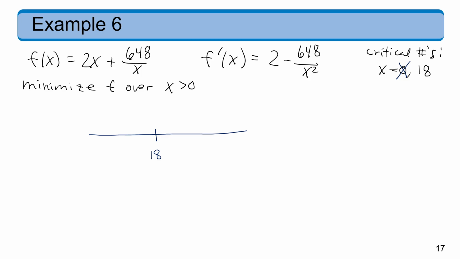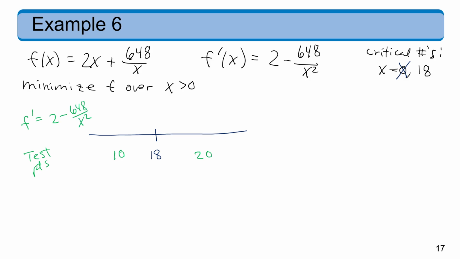We'll choose our test points. So I can't choose 0, right? It has to be strictly bigger than 0. Let's choose 10 and 20. And we plug these into f prime, and f prime doesn't really factor. We'll just write it as it is.